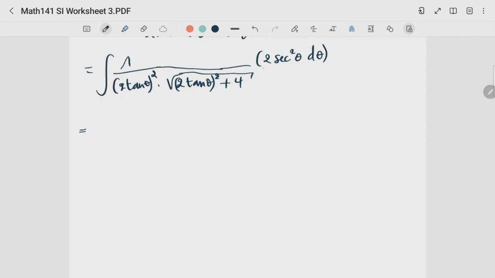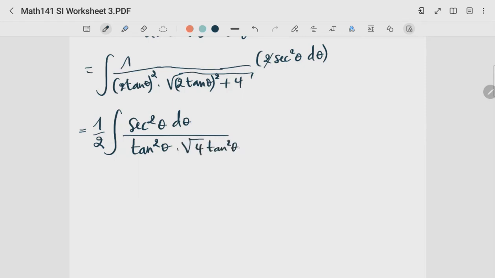We can first simplify this 2 here and the 2 there, and we take out the 1/2 that's left, so that would be 1/2 outside multiplied into sec squared theta d theta divided by tan squared theta multiplied into 4 tan squared theta plus 4, which is equal to 1/2 again multiplied by the integral of sec squared theta d theta divided by tan squared theta.